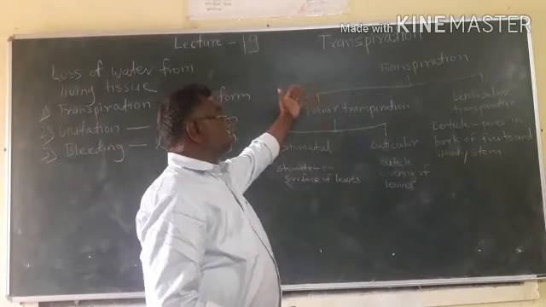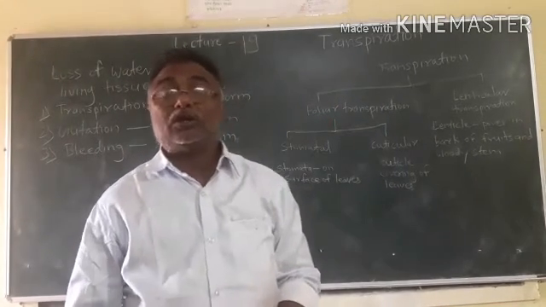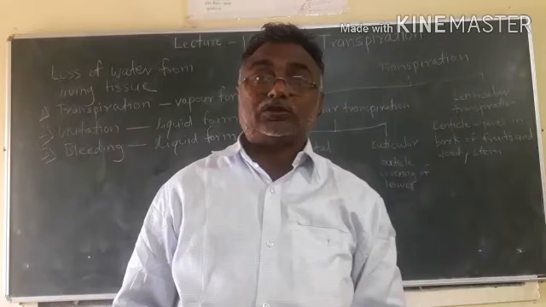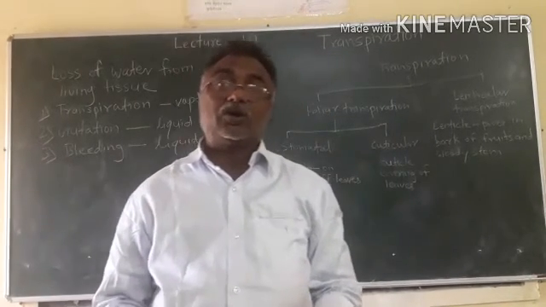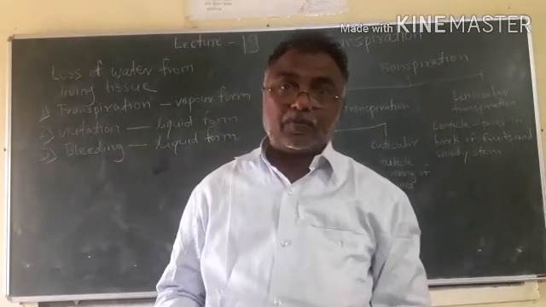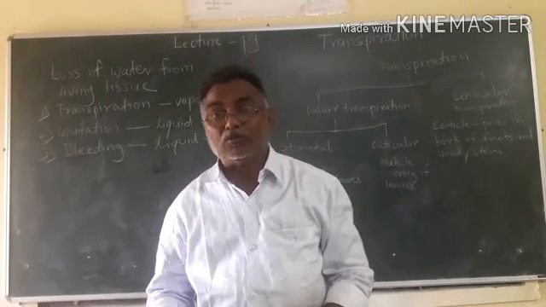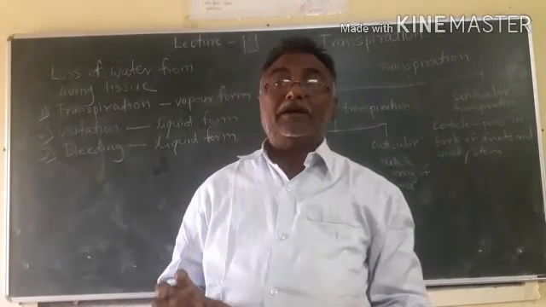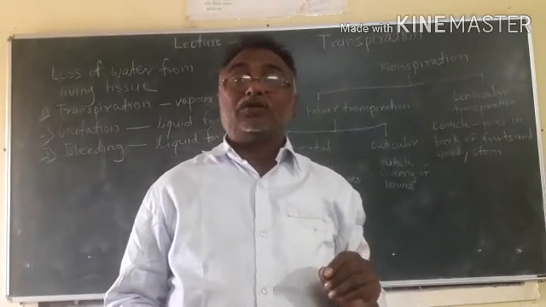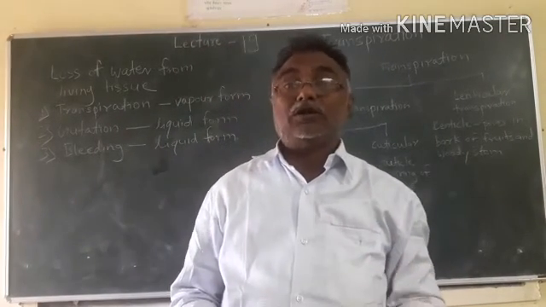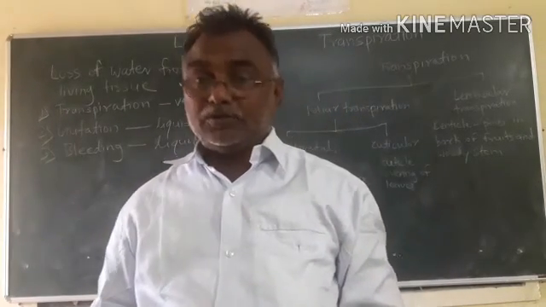So in today's lecture we are going to see how water is lost from the living cells of the plant body. Transpiration is a process in which water is lost by living cells of the plant body.